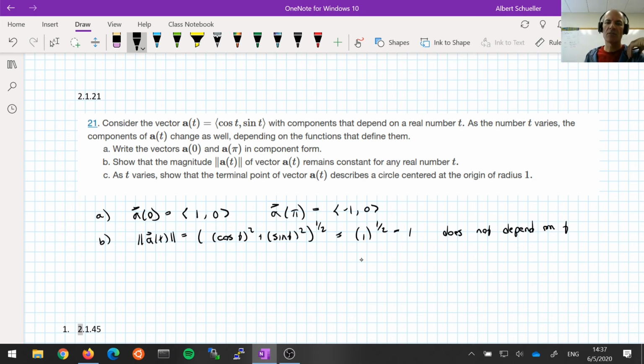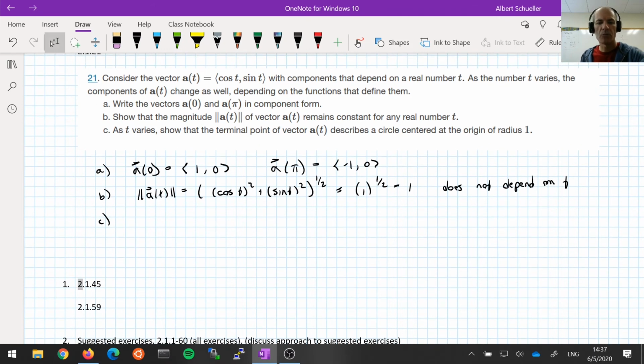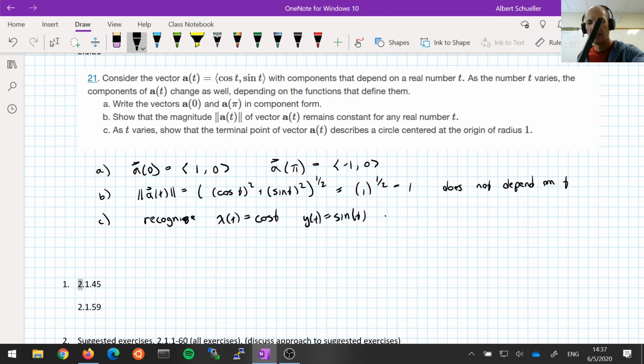What about C? As t varies, show that the terminal point of the vector A describes a circle centered at the origin of radius 1. I don't know that there's a whole lot to show here. We recognize that x of t equals cosine of t, y of t equals sine of t is a parameterization of the unit circle.